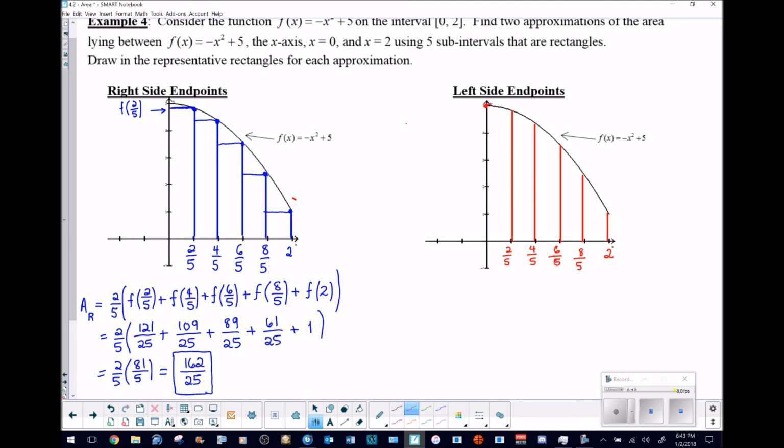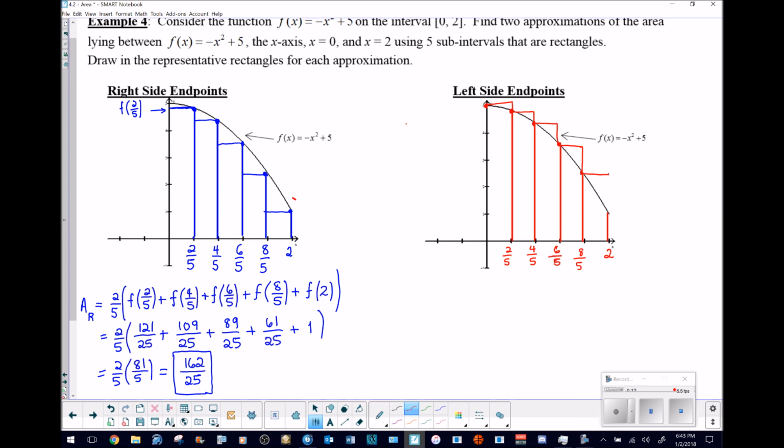So again, even though the name is the left side endpoint, you actually will draw your segments to the right from the left. And you can probably tell that these rectangles are going to lie somewhat outside of the region in which we were trying to find the area. So we have our 5 shapes as such.